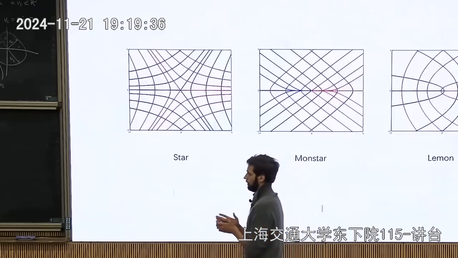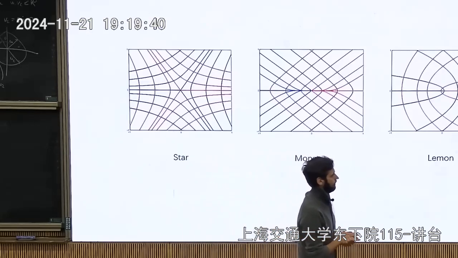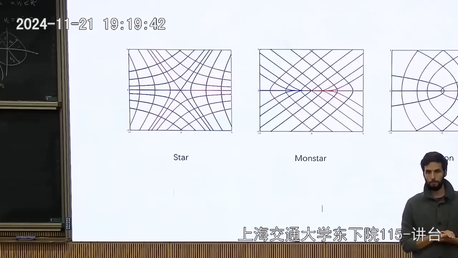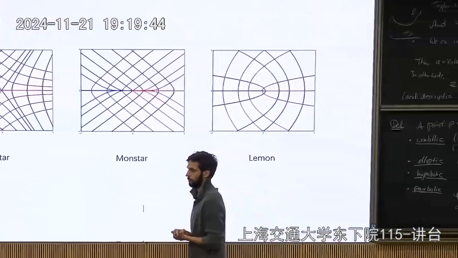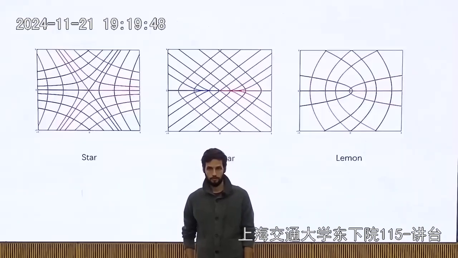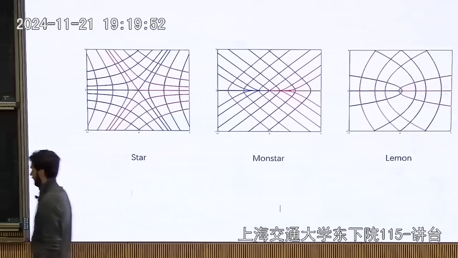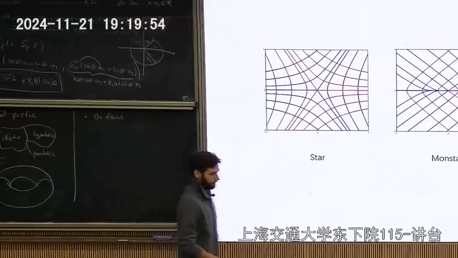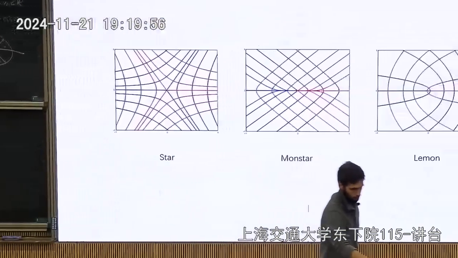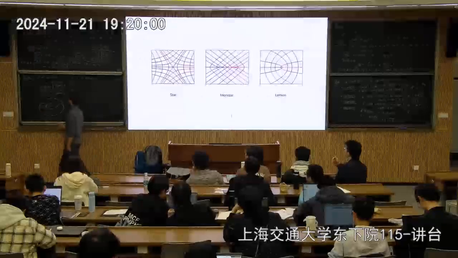Okay, let's continue with the torus. Let's start with the elliptic points. What are the elliptic points on the torus? Yes, the outside part.